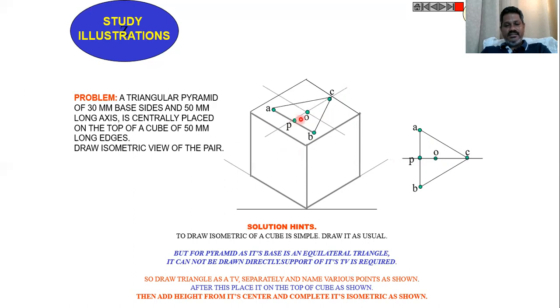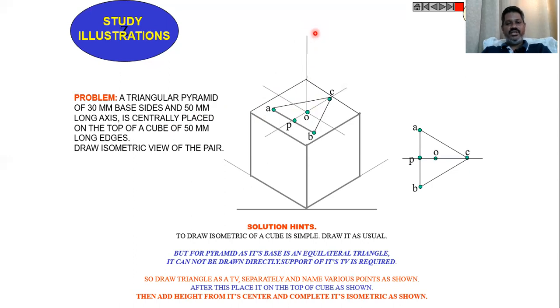After constructing the base of the triangular pyramid, now we need to locate its height. From point O, locate the height of the triangular pyramid, which is 50 mm. Draw a vertical line of length 50 mm, and the end point of this line will become the apex of the triangular pyramid.